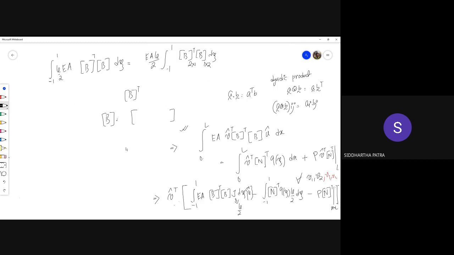Minus half, half. Then write the expression for B transpose.